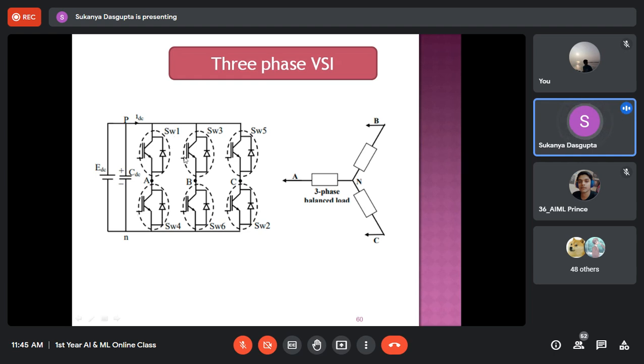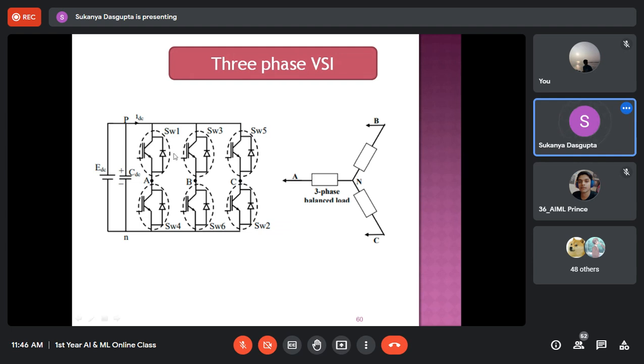Whenever SW1 is working, definitely SW4 will be turned off, because these two switches cannot be turned on simultaneously, otherwise this input side will be short circuited, so there will be no voltage across the output. So definitely SW4 is turned off whenever SW1 is working.